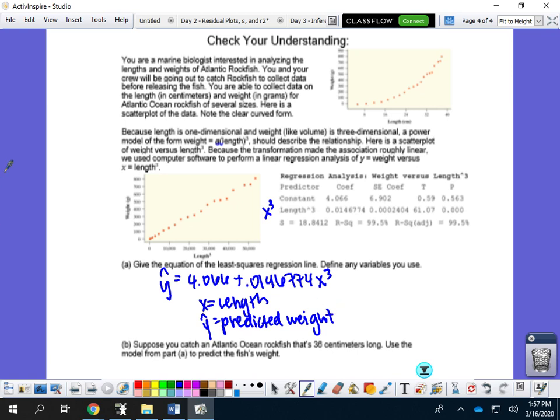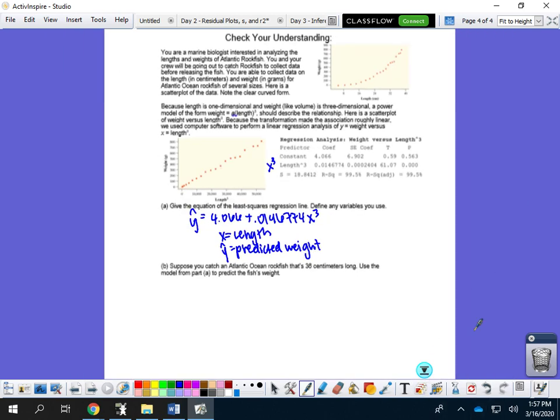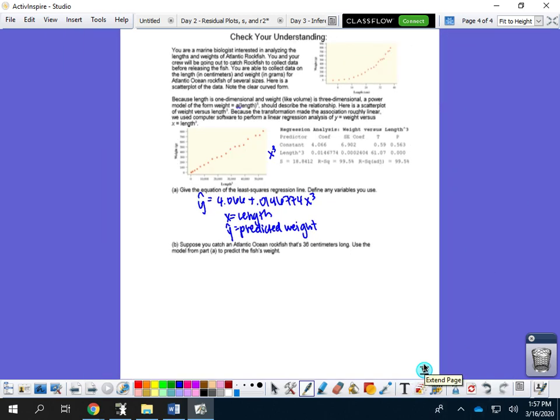Okay, so suppose you catch one that's 36 centimeters long. Use the model to predict the fish's weight. And so we're going to say y hat equals 4.066 plus 0.014677 times 36 cubed. And so we just plug it right in.